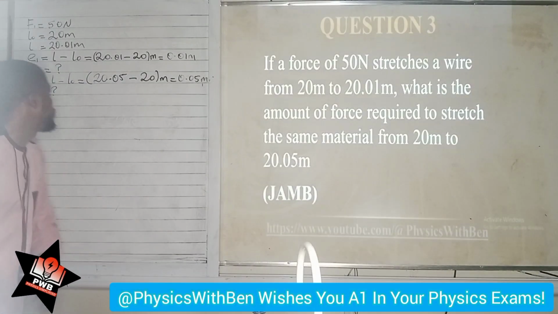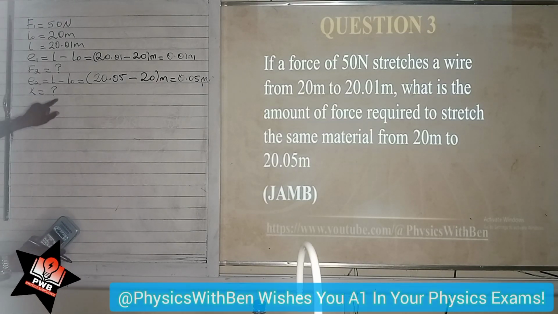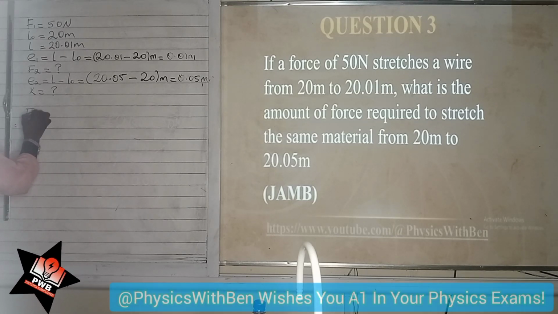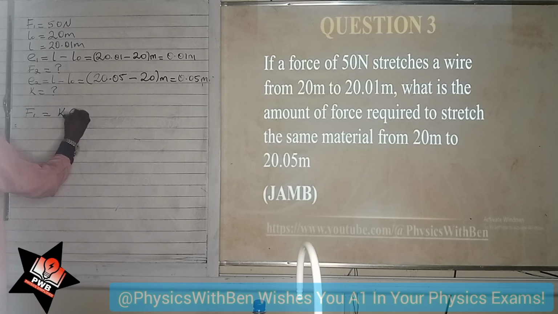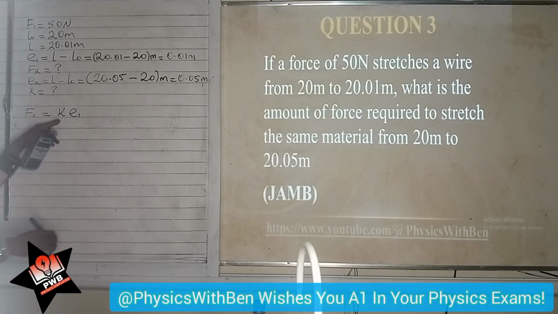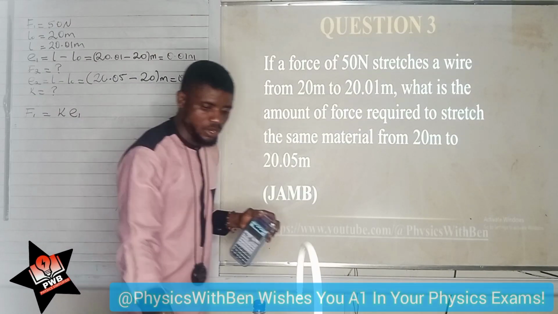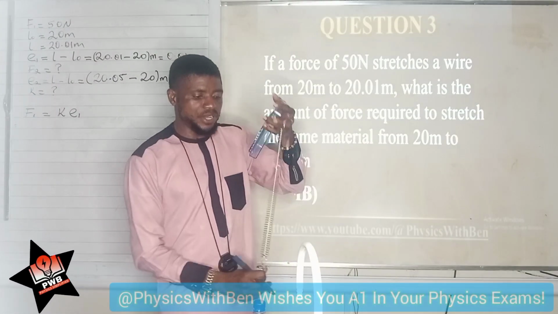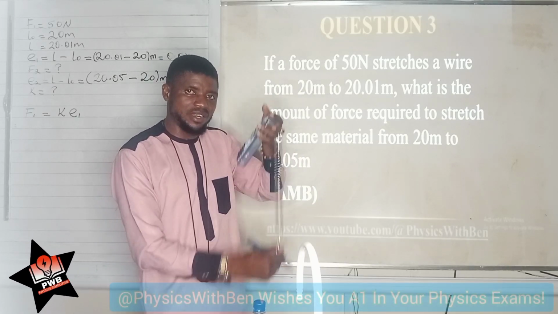As we did here also, the stiffness of the material is not given. So we have to use the first information to find the elastic constant of the material. So write that from Hooke's law, F1 is equal to KE1. We don't have to write K1 or K2 here because the elastic constant for a particular material will not vary, even if you have different forces acting on the material.